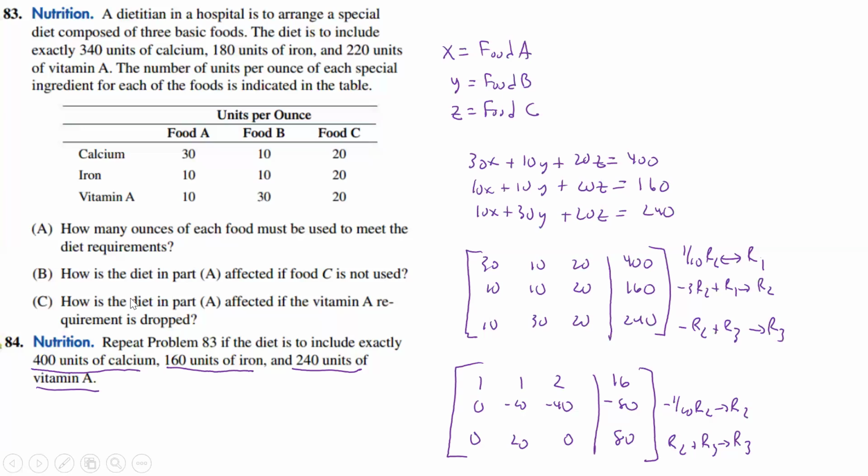All right, so vitamin A is the last row. So we're going to just get rid of the last row and start over. And so with that, we had a 30, a 10, a 20, and a 400. Then that was a 10, a 10, a 20, and then a 160.